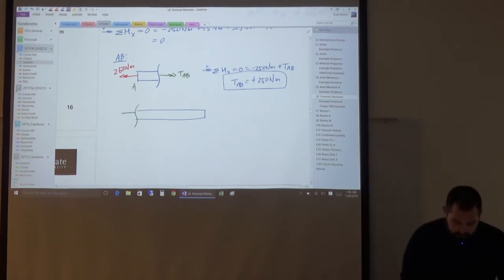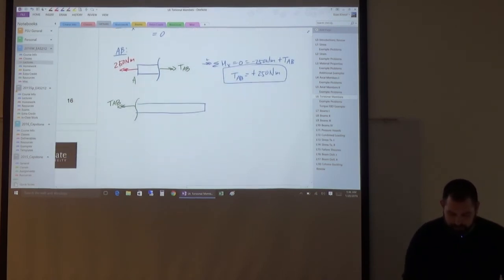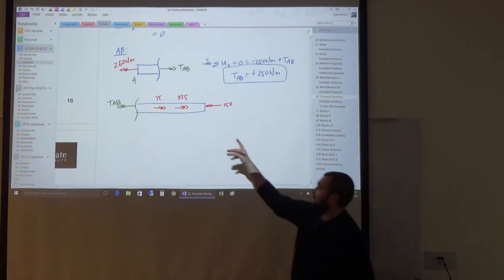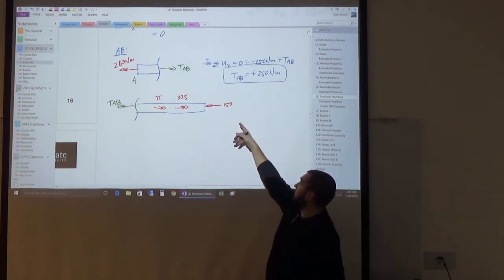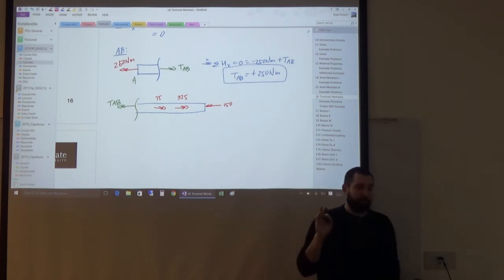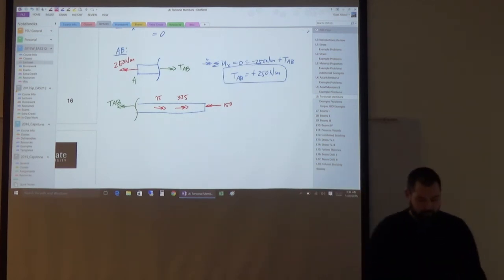So my internal torque, AB, is now going in that direction. And the externally applied torques, I have 75 and 325. And I believe I have 150 going to the left. If you run the statics, 75 plus 325 minus 150 is going to be positive 250. You get the same exact result.